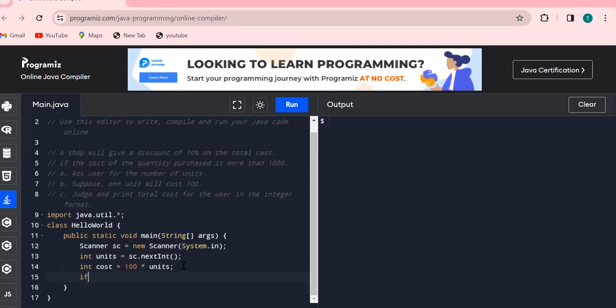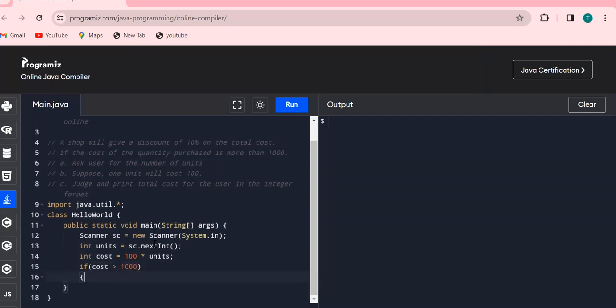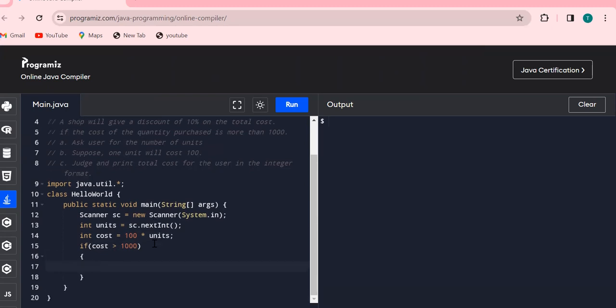So in our third point, judge and print the total cost for the user in the integer format. We are writing this code following this statement. So if the cost is greater than 1,000, we have to take discount on the total cost.